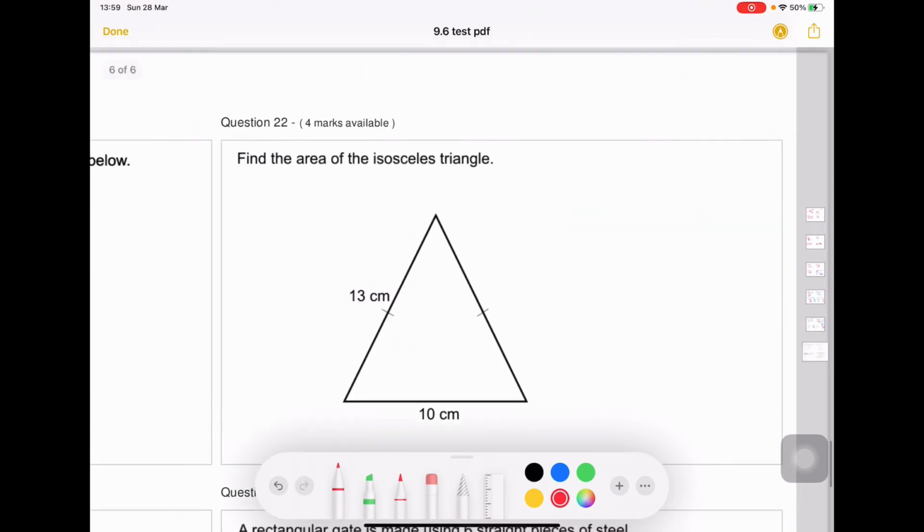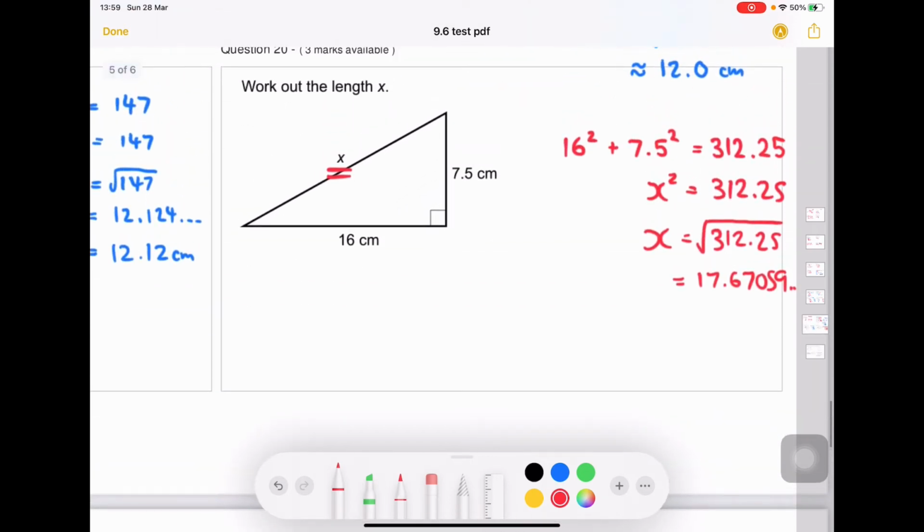But let's just round to 2 decimal places. And we will write approximately 17.67 centimeters.